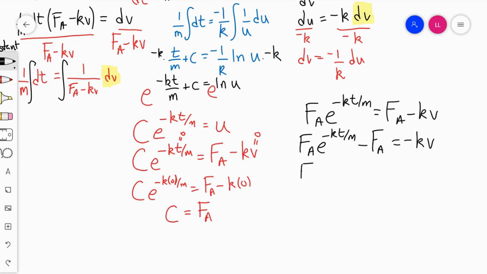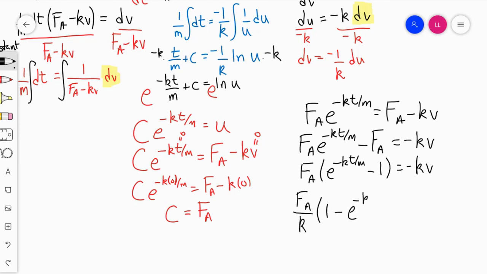So if I pull out an FA, I get FA times e to the negative KT over M minus 1 equals negative KV. And so now I divide everything by negative K, so it goes FA over K times 1 minus e to the negative KT over M, and that will equal our V.